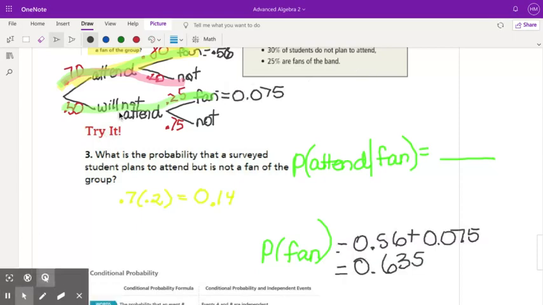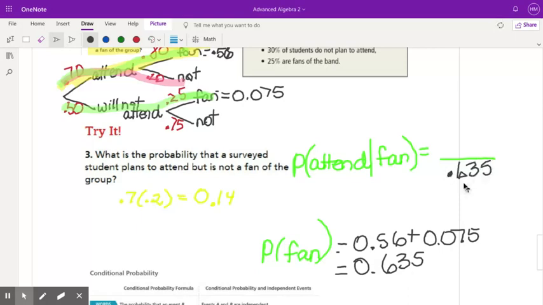So the probability that they won't attend and they're a fan is 0.075. You just multiply the 0.3 times the 0.25. So that would give me two paths of being a fan, whether or not they attended. So the total probability that they are a fan, you add this 0.56 plus the 0.075 to get 0.635. So the probability that they're a fan is 0.635, which I can add to be my denominator, 0.635.